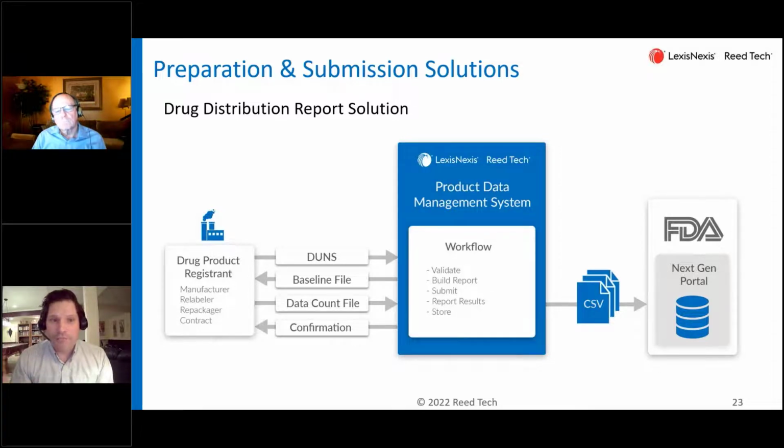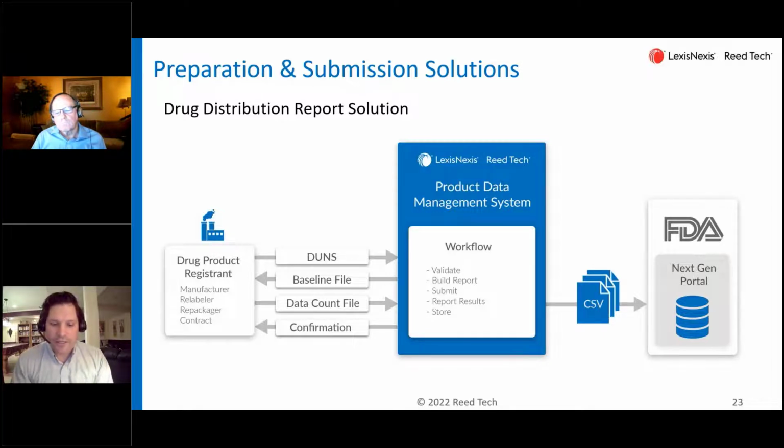Other organizations might strictly just distribute, right? But they're taking control of that report. We see that happen a lot with organizations that may have very recognizable brands, that may work with many different contract manufacturers. And in those scenarios, they want to ensure that this is getting done in a timely manner, and in their internal systems, they're able to see the lots that they've received that have been manufactured.